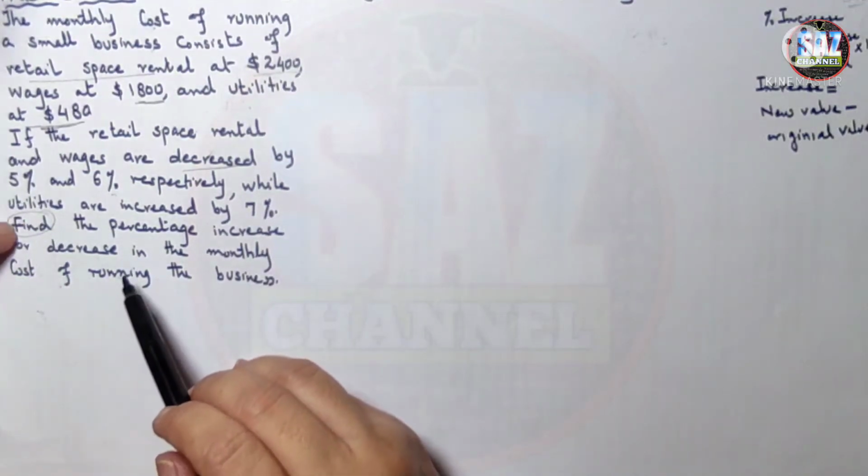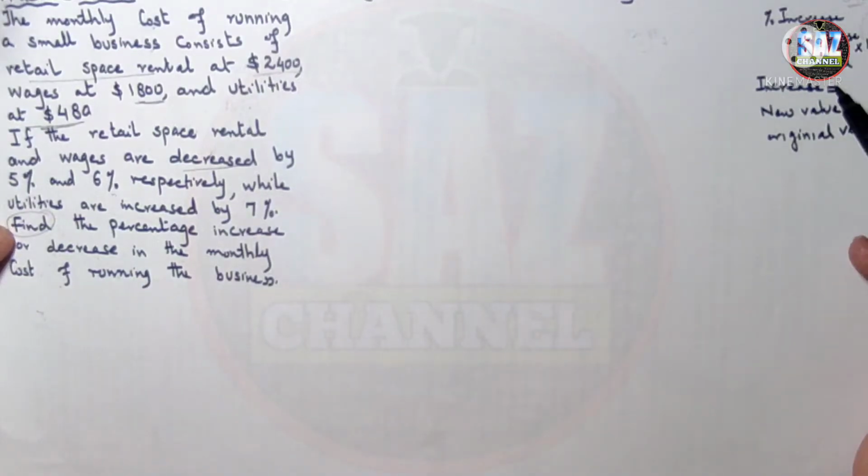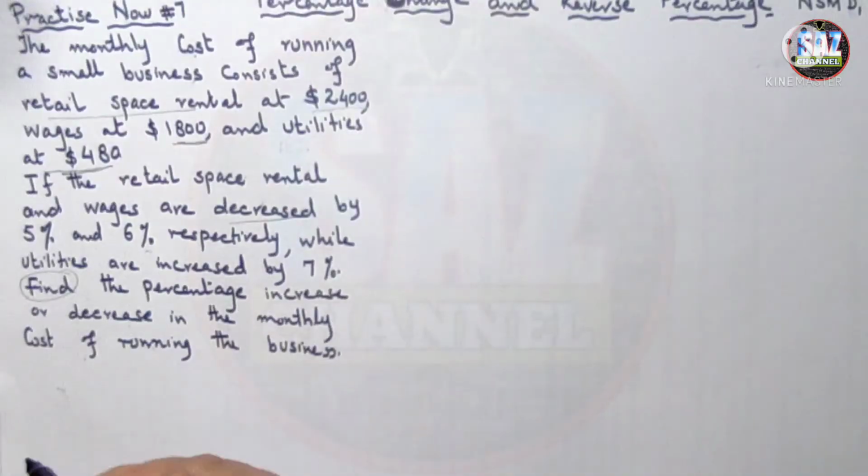I hope you are clear that in order to find the increase or decrease, we have to find the difference between new value and original value. The original total cost of running the business we can calculate easily.